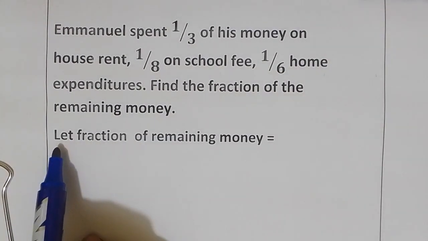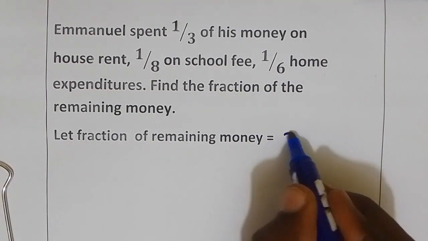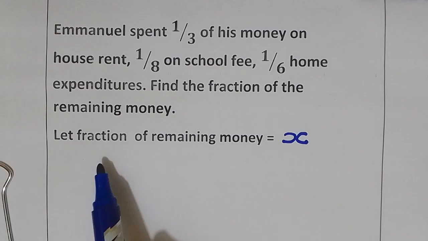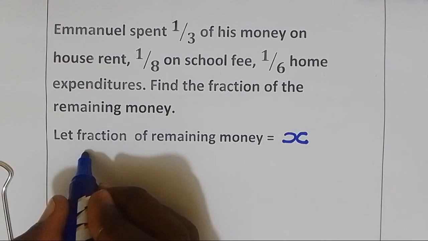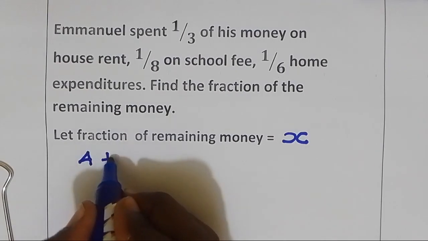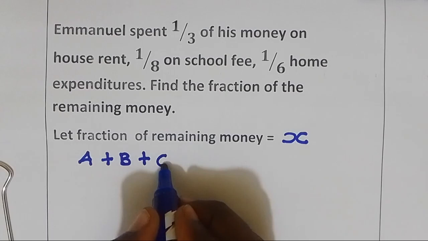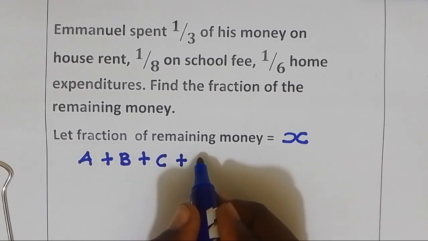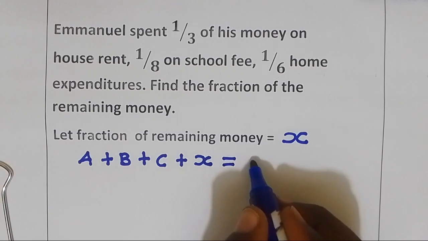Now, let the fraction of the remaining money be equal to X. We know that when we add all the fractions, we are going to get one whole. A plus B plus C plus the fraction of the remaining money gives us 1.